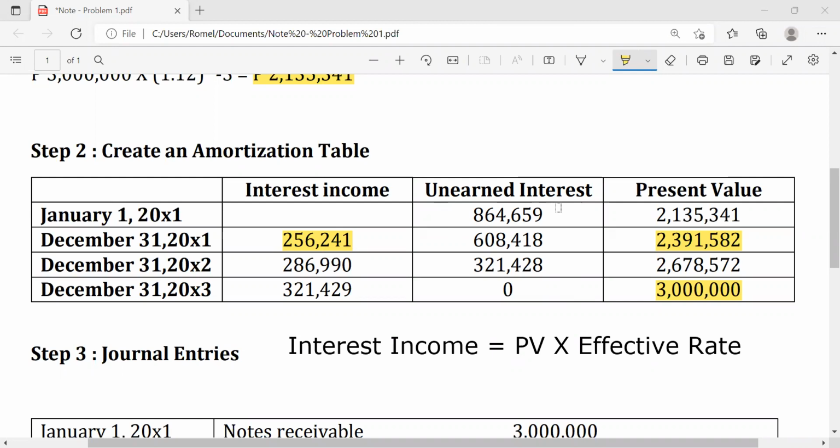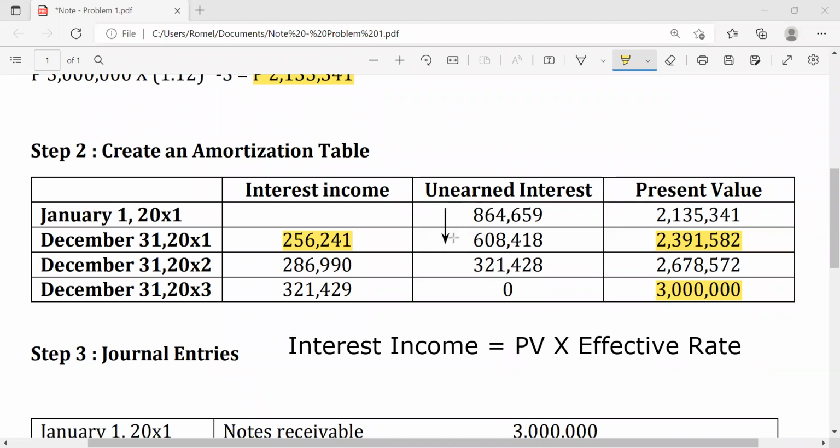Kasi year after year, na-earn mo na siya. Hindi na siya unearned. It's already an income, and because na-earn mo na siya, magre-recognize na tayo ng interest income. So try to observe. As of December 31, 20X1, from 864,659, the unearned interest went down to 608,418.